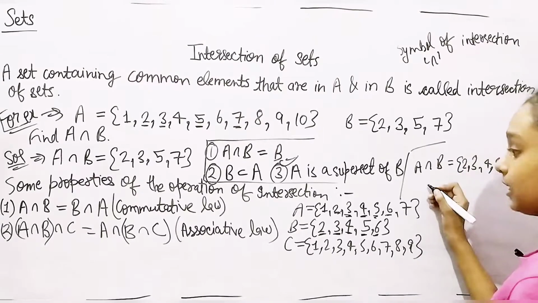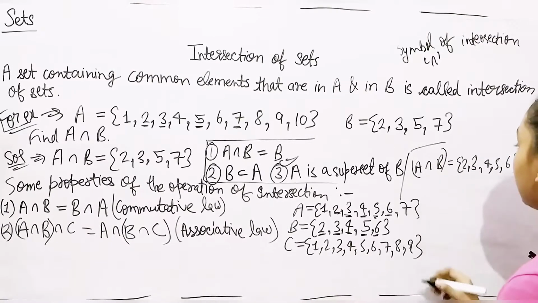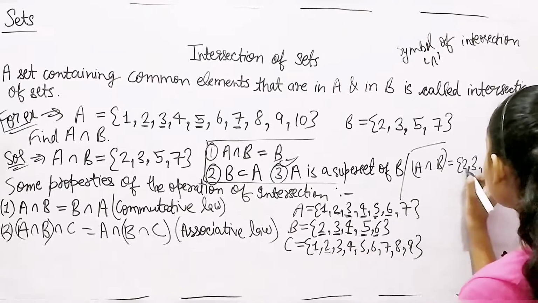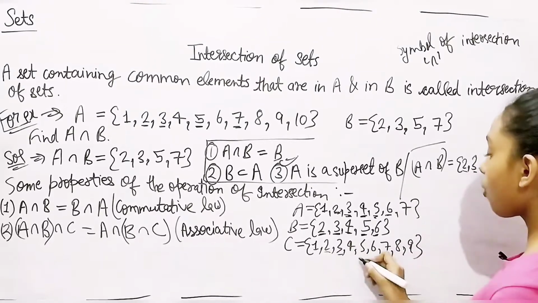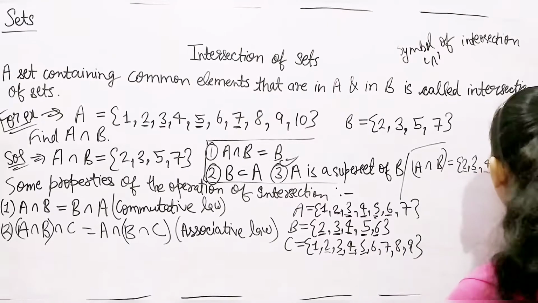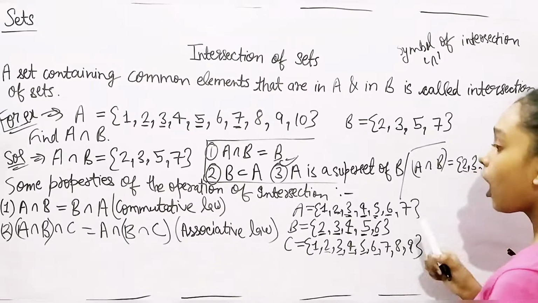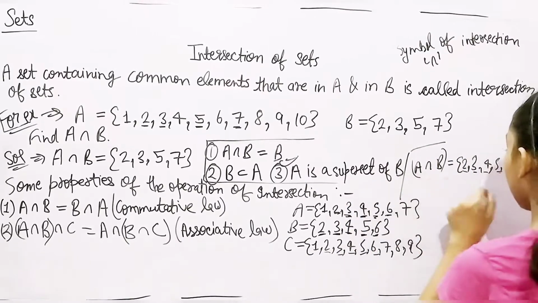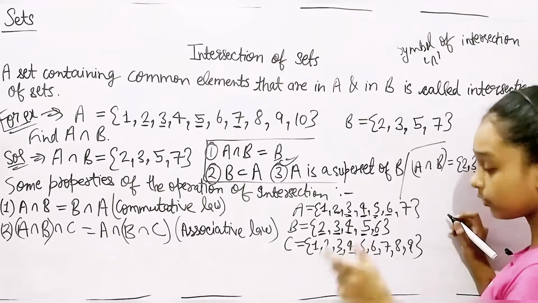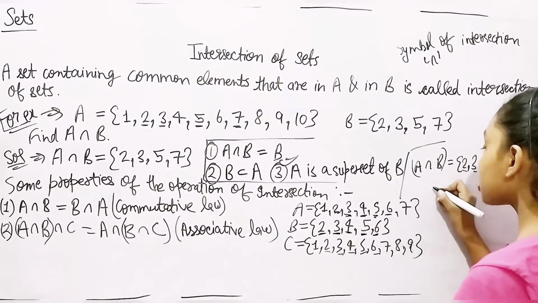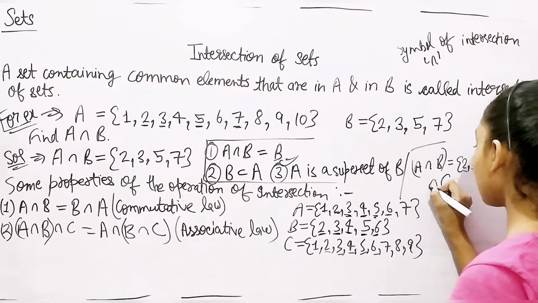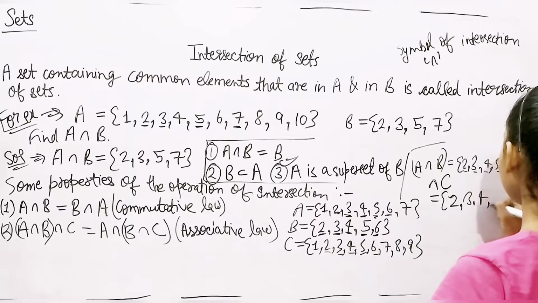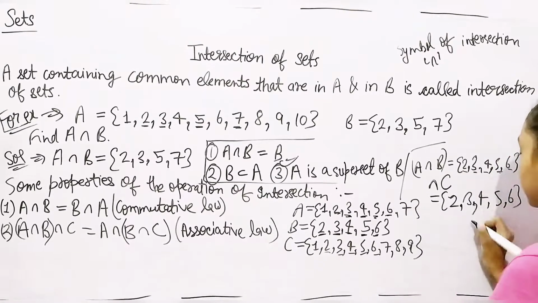Now the intersection with C: in set C we have 2, 3, 4, 5, and 6. It's really common. So the intersection with set C is also going to be the same: 2, 3, 4, 5, and 6. Now let's move on to our second one.